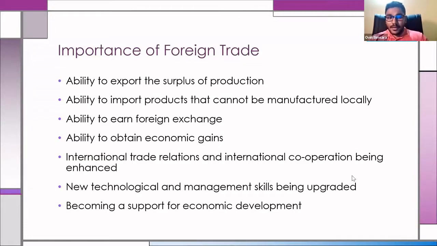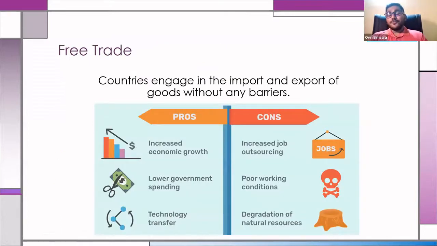All right, then moving on, we are going to discuss free trade. So far, we have been discussing foreign trade. Foreign trade is the trade that happens between different countries around the world, irrespective of the geographical borders.